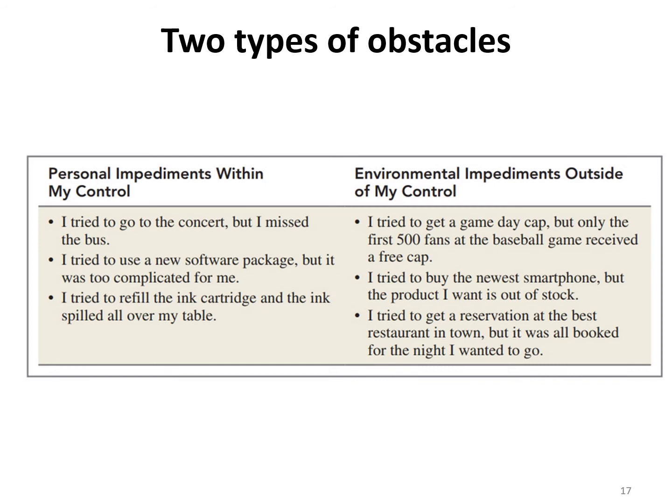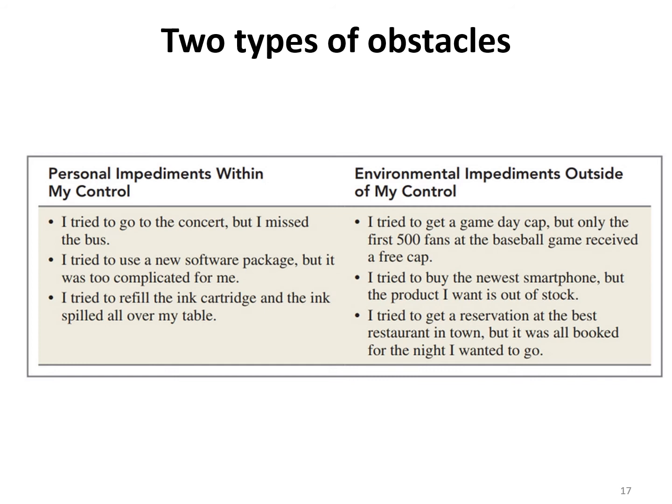So this is something outside their control because the committee has said only 500 fans are able to get the cap. And the second one, I tried to buy a new smartphone, but the product I want is out of stock. This is also a positive attitude toward a specific smartphone.